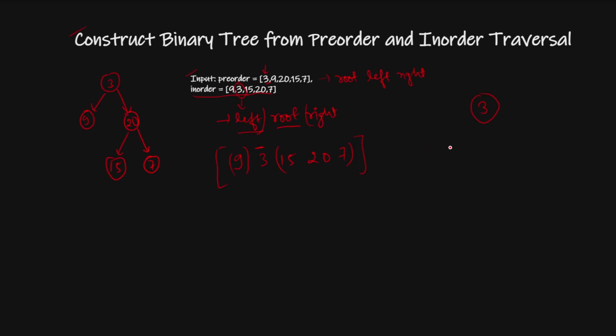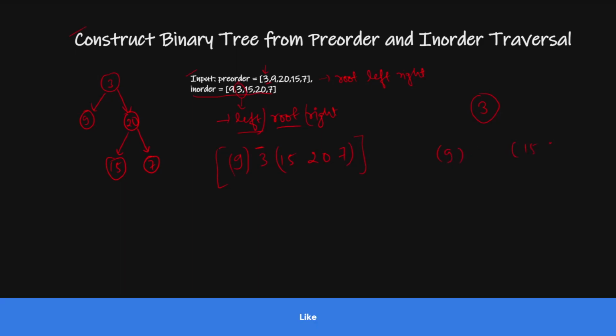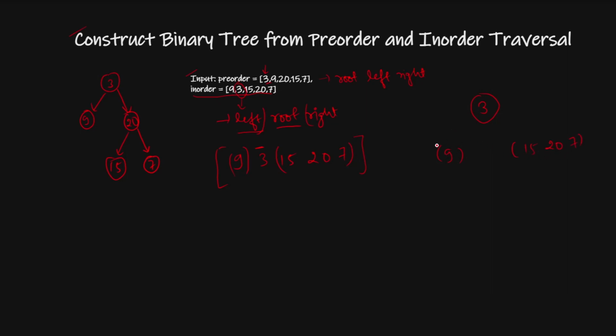So if I have created this root, my left subtree would look like this, and the right subtree would look like 15, 20 and 7. I don't know how it will look yet, but I am sure that in the left subtree I have only 9, and in the right subtree I will have these. So this is my inorder for the left, and on the right side this is my inorder.